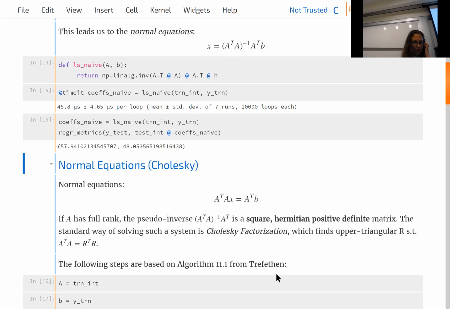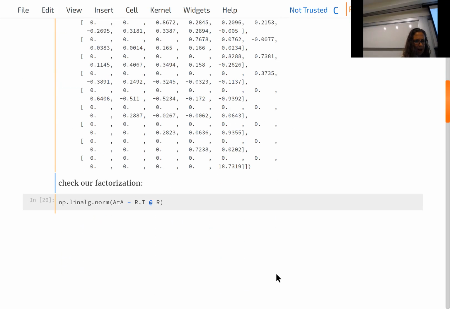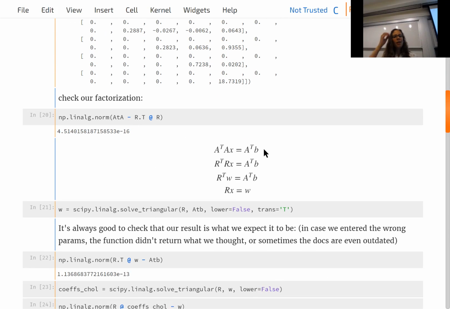Here's the Cholesky factorization. Our process was: we take A transpose A, X equals A transpose B, so we do a matrix multiplication to get A transpose A. Then we do the Cholesky factorization and get R transpose R, where R is upper triangular. Then we solve R transpose W equals the right-hand side. That's nice because it's a triangular system, since R is triangular. How can you solve a triangular system?